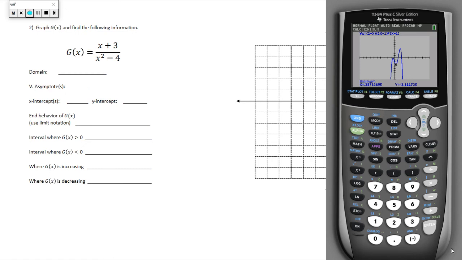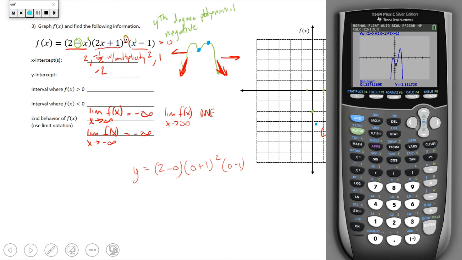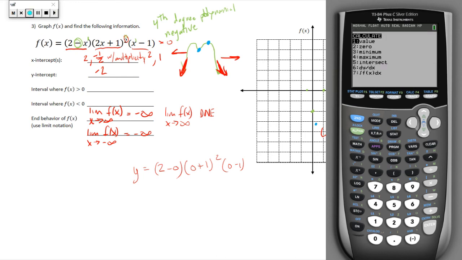Okay, then we also want to find that maximum, so we're going to do the same thing again. Second calc, go find the maximum, and we'll go over, this is to the left of the maximum, this is to the right, and if we search right there, we should find it, and that is at 1.6 and 4.23.